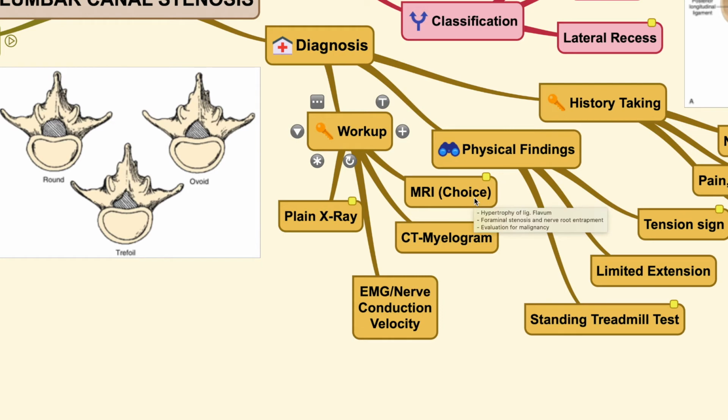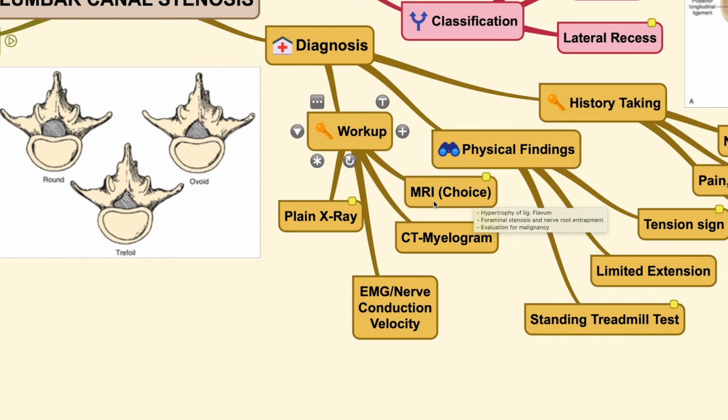Now, you need to know that even though MRI is the examination of choice in evaluating lumbar canal stenosis, a huge group of the patient population without any symptoms may also reveal abnormal MRI findings. Therefore, it has a high false positive rate. So you need to remember that you can only correlate the MRI finding with your diagnosis if the patient has positive symptoms.